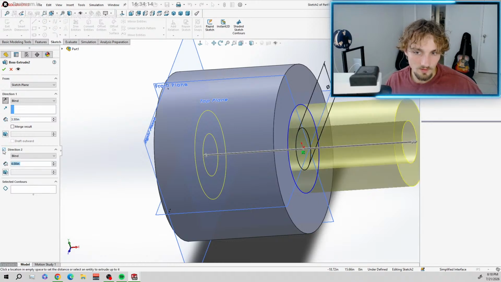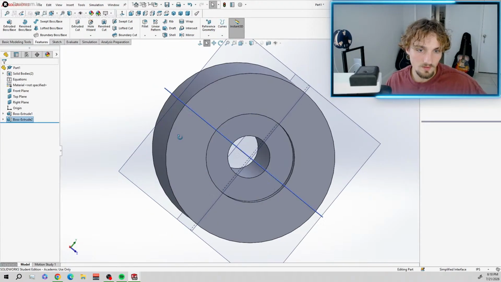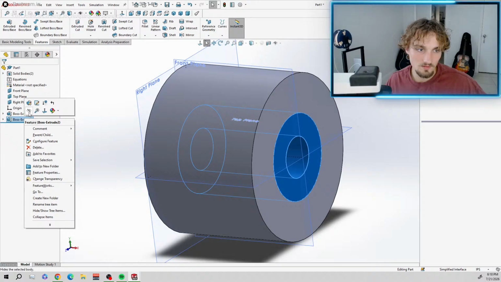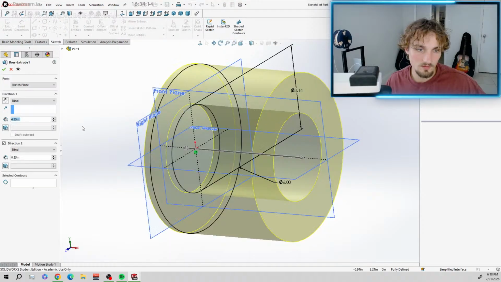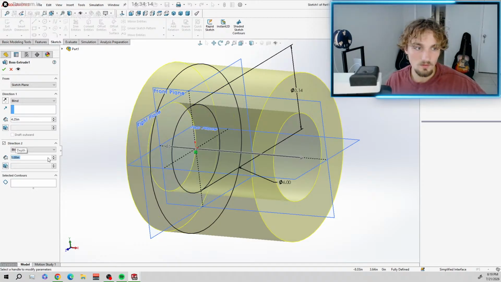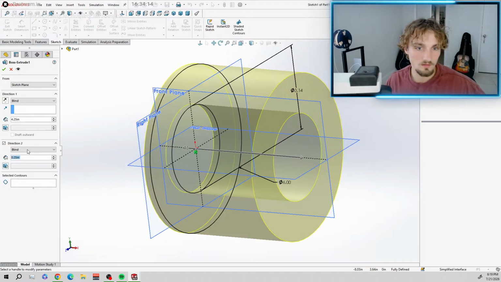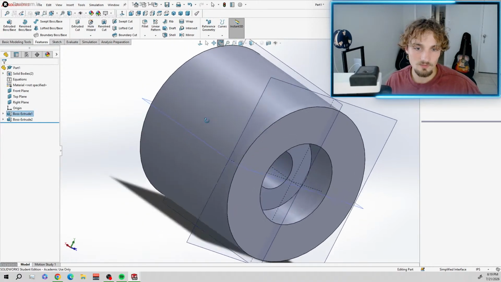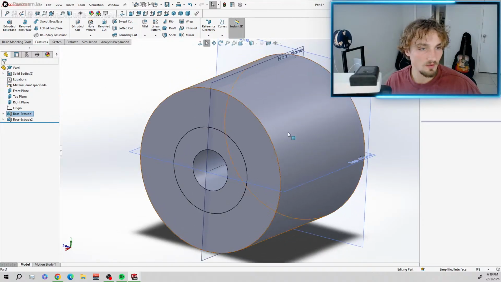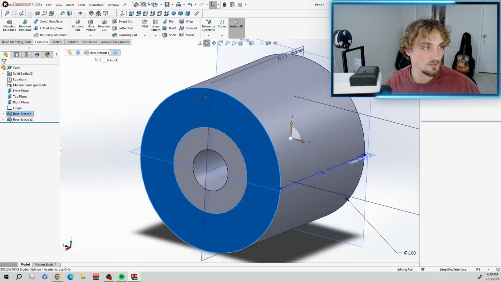Wait, so when I go in direction 2, okay. Wait a second. So is this also facing the same direction? Okay, that just adds to that side. And that adds to that side, but it's moving everything. This is bogus.